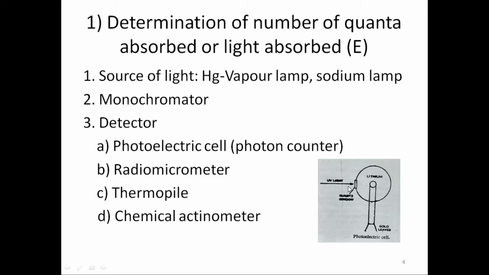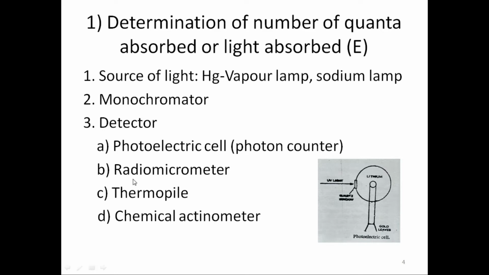The second one is the radio micrometer. It consists of a junction of two unlike metals like silver and bismuth, suspended between electromagnetic poles using a quartz fiber. On exposure to radiation, the metal couple gets heated up and a current is produced.